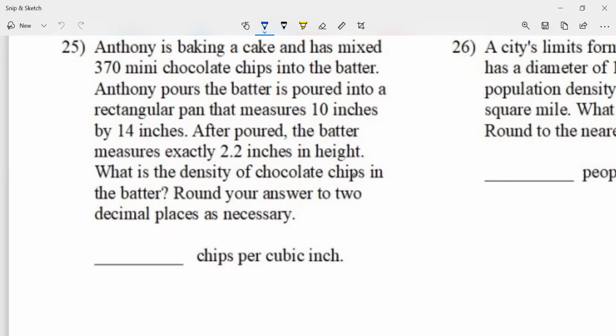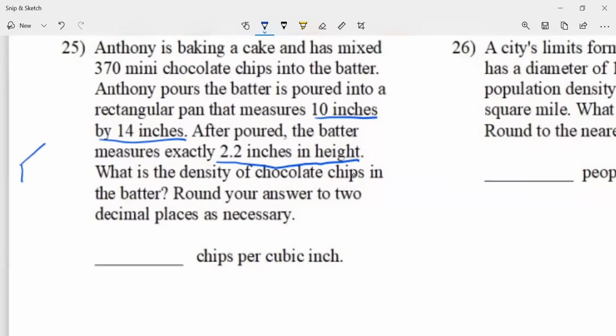Okay. So I'm just going to think there was a pan that was a 10 by 14. And then the height of this came out to be 2 inches. So when I imagine that, let me do better here. Let's see. I think of a rectangular base.